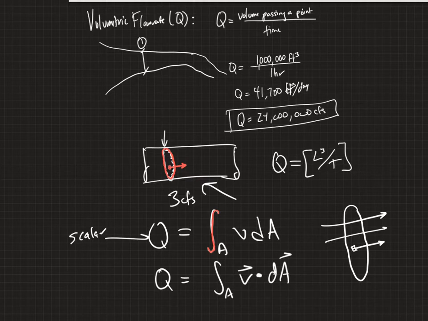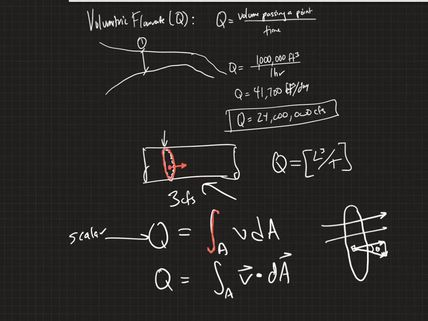But if your velocity is on an angle to that dA, say theta, well, the velocity may be going very, very quickly, but not all of it is being used to go through that area, right? Some of it is going to the side, and that part doesn't matter.